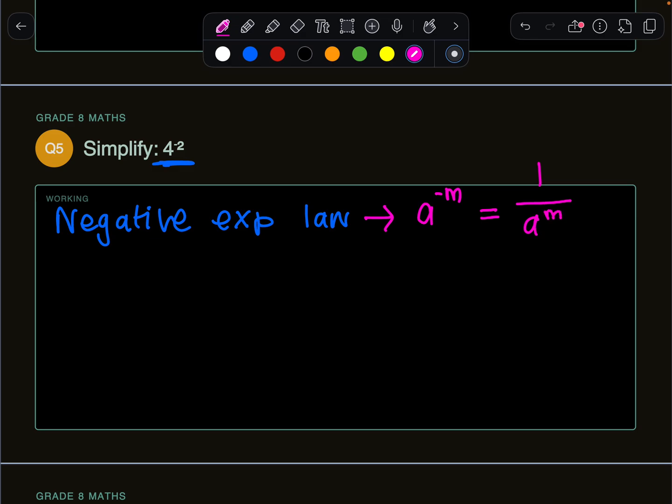So if you use it in this case, they say simplify. I think really the wording would be write this with a positive exponent, or usually in a question, that is the final step. So they'll say work this out and then leave your answer with positive exponents.